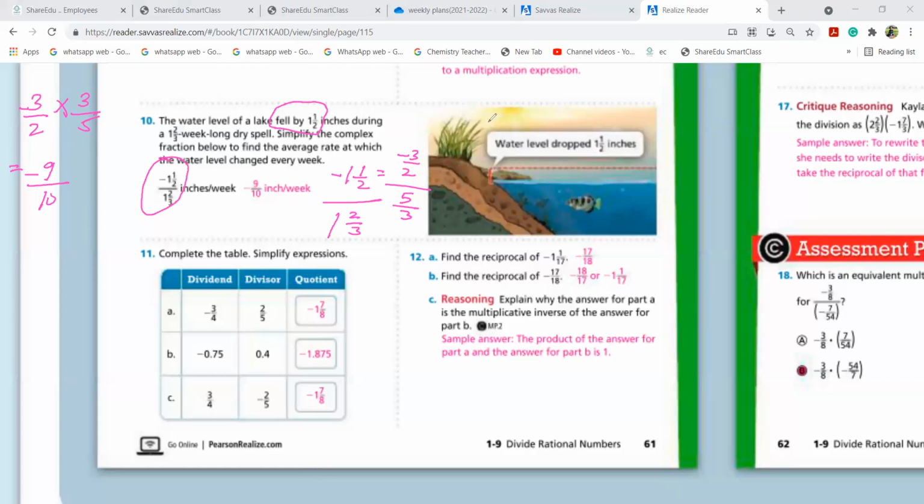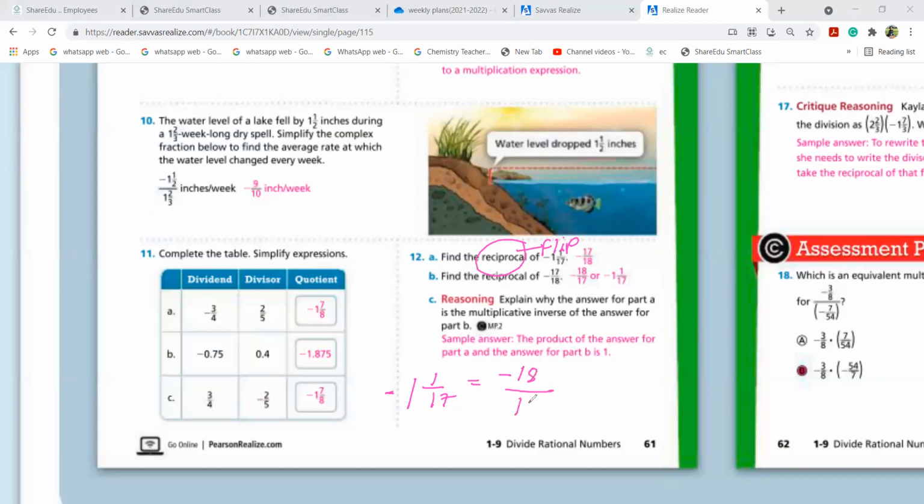What is the meaning of reciprocal? The reciprocal means flip. Just write down, flip. So 1 over 17. Ghalia, if you solve this, what do you get? I got the answer. 18 over 17. No, minus 18 over 17.